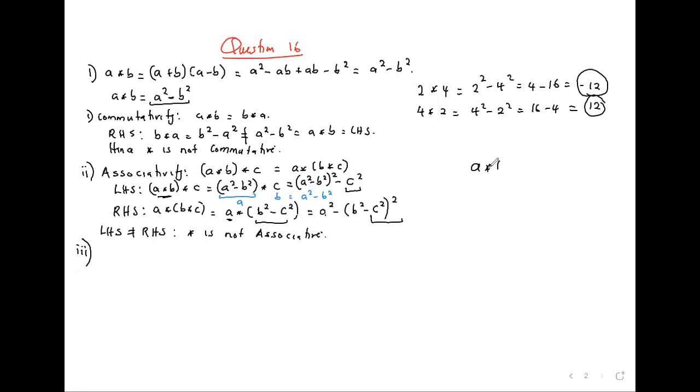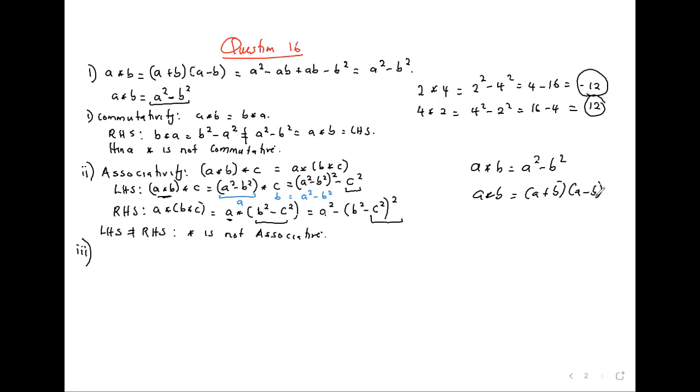We are told that A star B is A squared minus B squared. That's what the question is. What we are given initially is A star B, which is equal to A plus B, A minus B. Then we expand it for easy simplification.